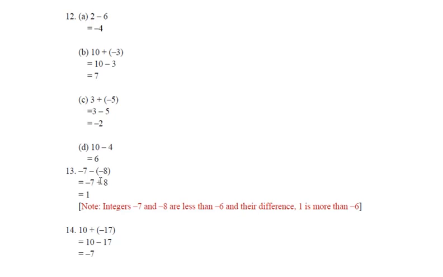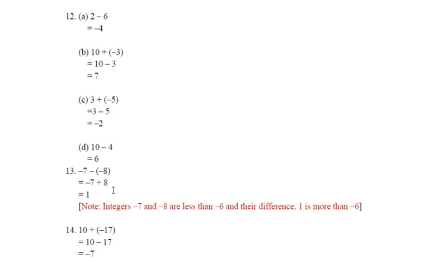So which means the answer can be minus 5, minus 4, minus 3, minus 2, or even 0. Again you are free to do so out here, whatever you feel comfortable with. But there is a condition out here. And what's that condition? The condition is that these integers should be less than minus 6.